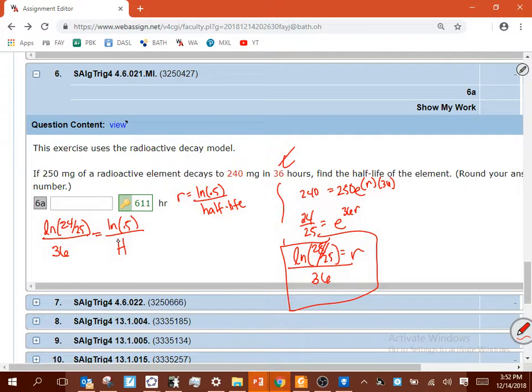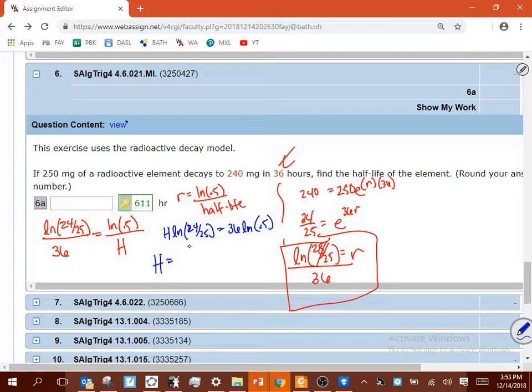I'm just going to use half-life as capital H. Now it's a proportion, so I can cross-multiply. I'm going to cross-multiply, do this in blue. We got H ln of 24 25ths equal to 36 ln of a half.